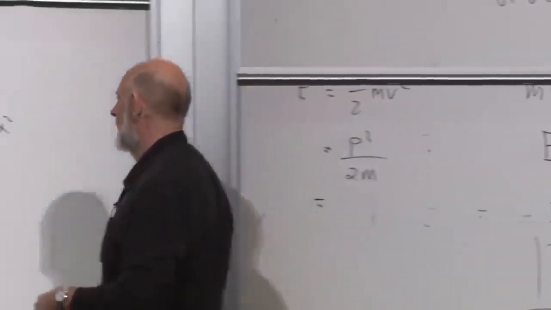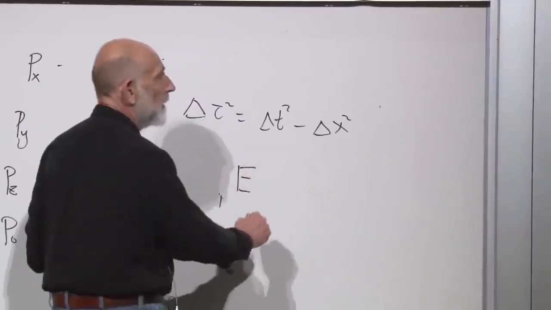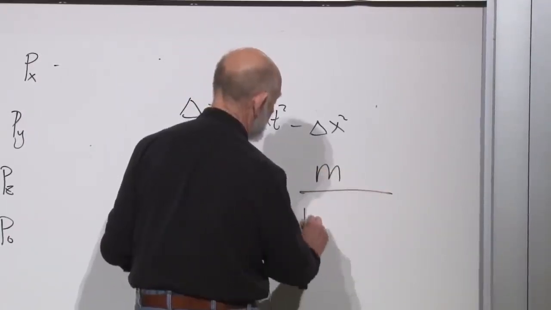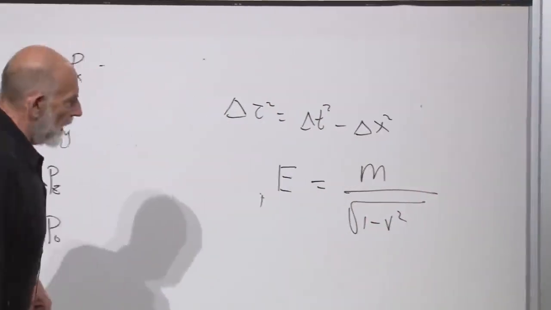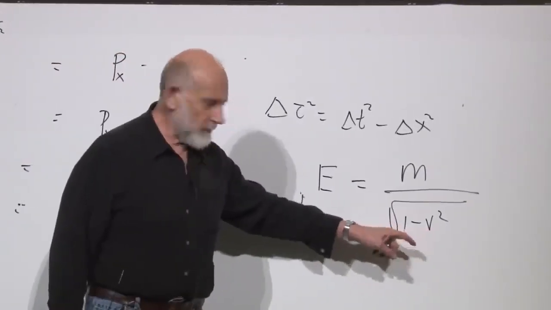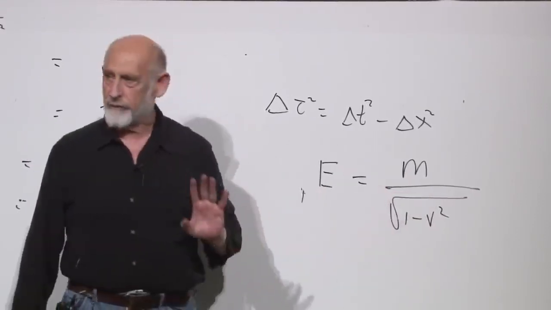Over here, we begin with E equals M divided by the square root of 1 minus v squared. So we look at the units. Right now, a 1 and a v squared have different units.